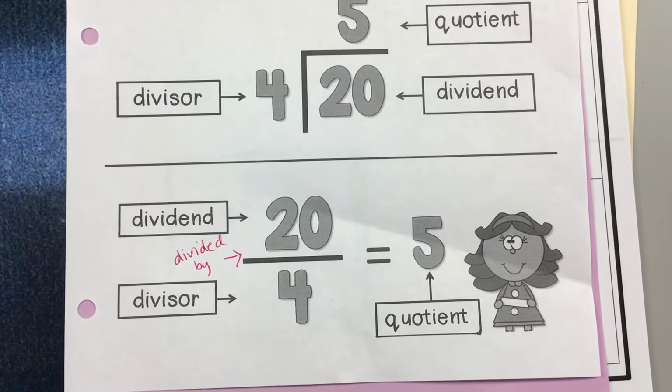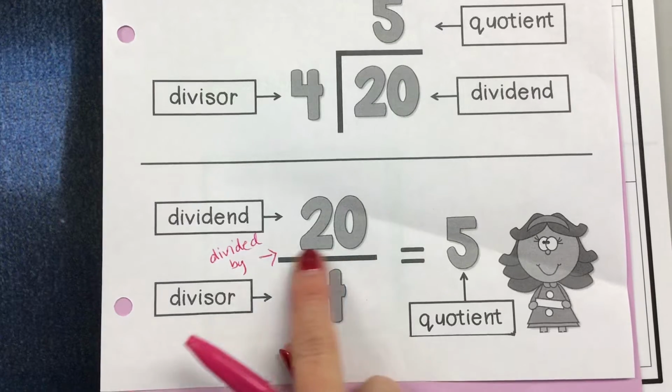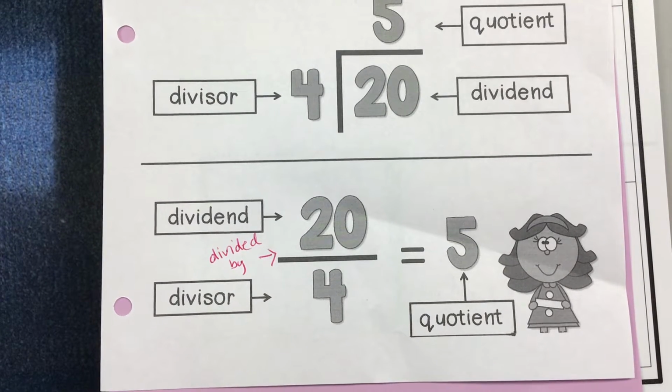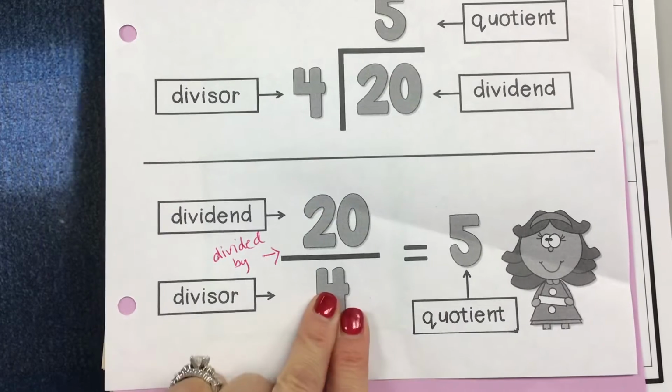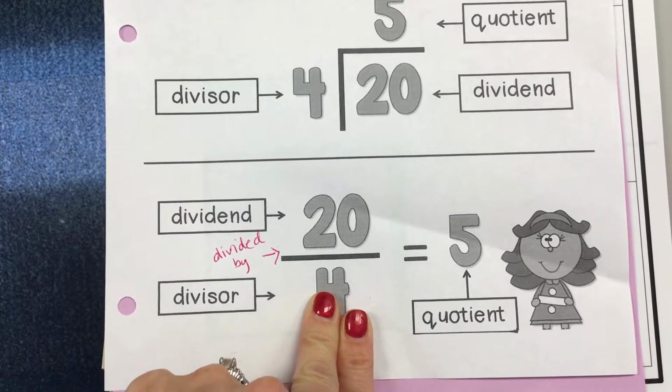There's an addition symbol, you can use the dash for subtraction, you can use the X for multiplication, but there's not a division symbol like this. So in that situation, you can use the slanted bar to make a fraction, and that also means divided by.